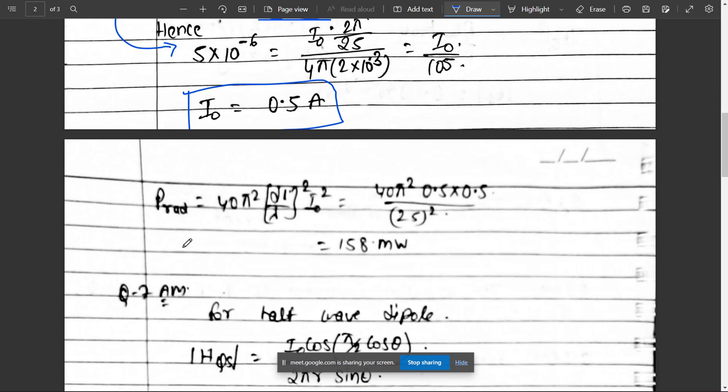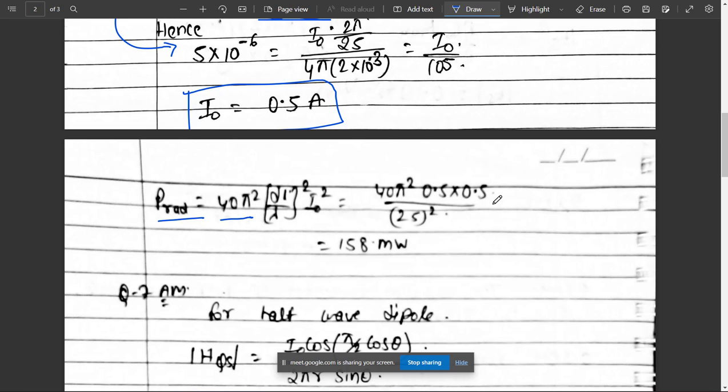Now we will put it in the formula for power transmitted or power radiated basically. So power radiated will be 40 pi square (L by lambda) square I naught square.